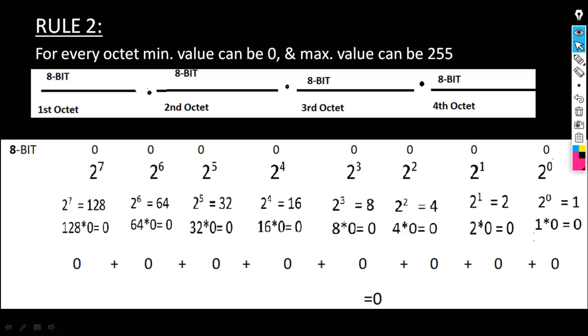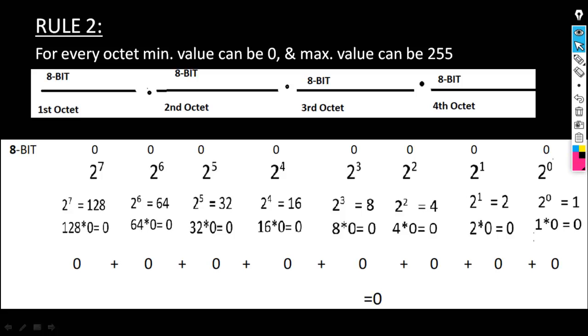Now if I will convert it into decimal, it will be 2 to the power 0 equals to 1, and 1 into 0 will be 0. Same way, 2 to the power 1 equals to 2, and if we will multiply 2 by 0, we will get the result as 0. And 2 to the power 2 is equals to 4, and 4 into 0 equals to 0.